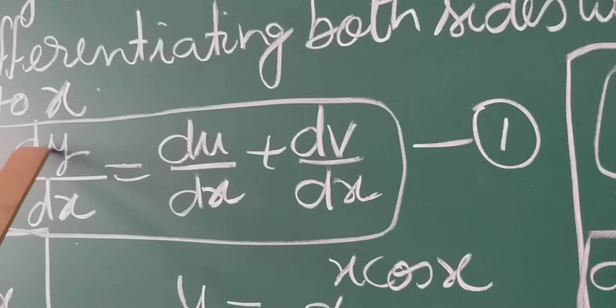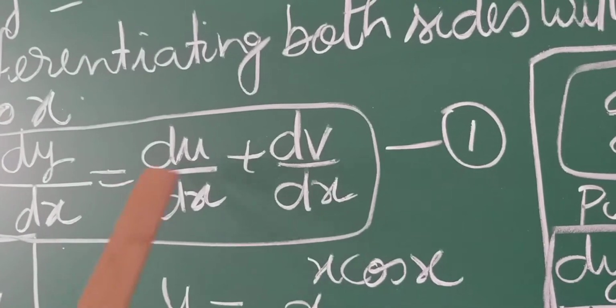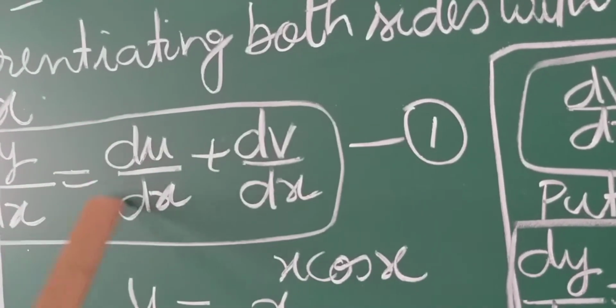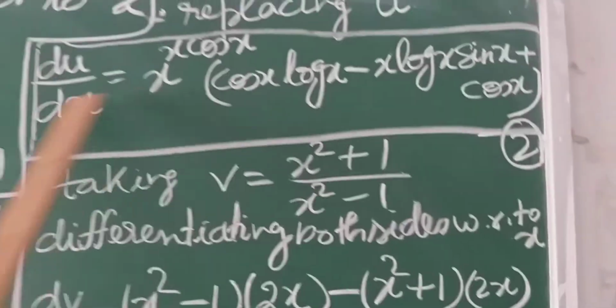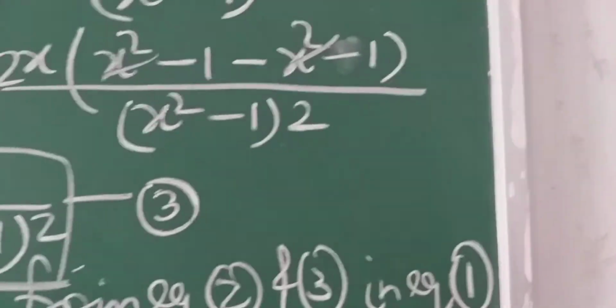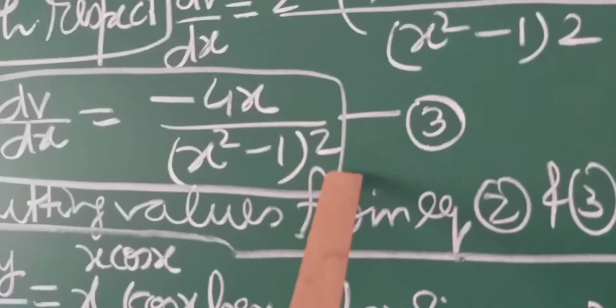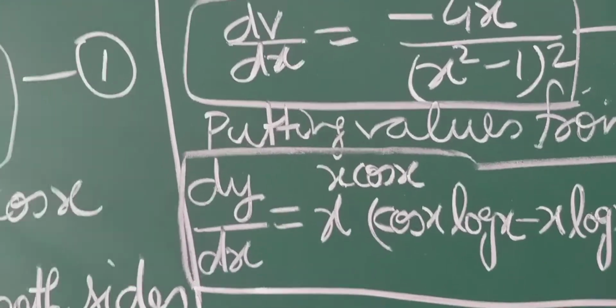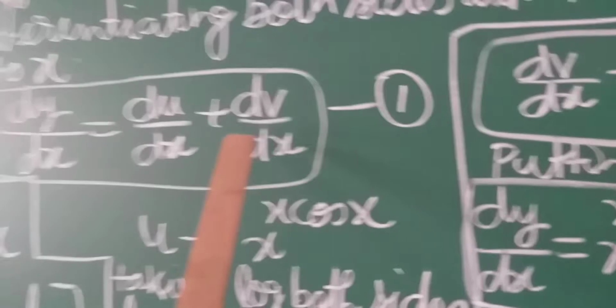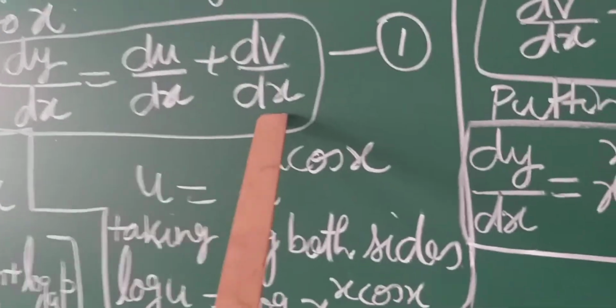Now students, we have to find dy by dx. So we are going to put the values of du upon dx and dv upon dx in equation number 1 from equation 2 and equation 3. So in place of du upon dx we will write its value, and in place of dv upon dx we will write its value.